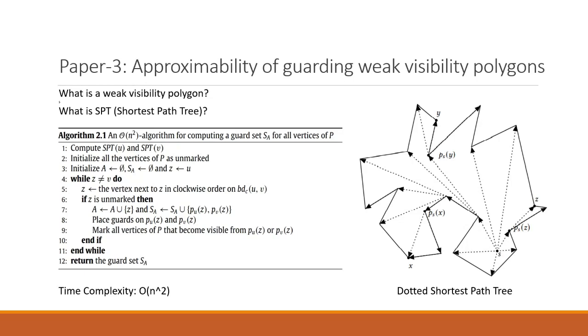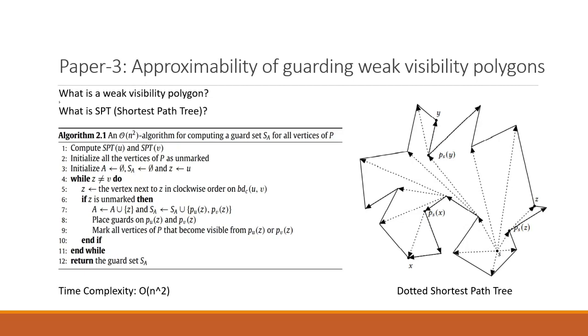And then this algorithm above presents a method of choosing A and SA, in which the first three steps are basically initialization. Then from step 4 to 11, they run a while loop until Z becomes equal to V. And then Z is initialized to U in step 3.